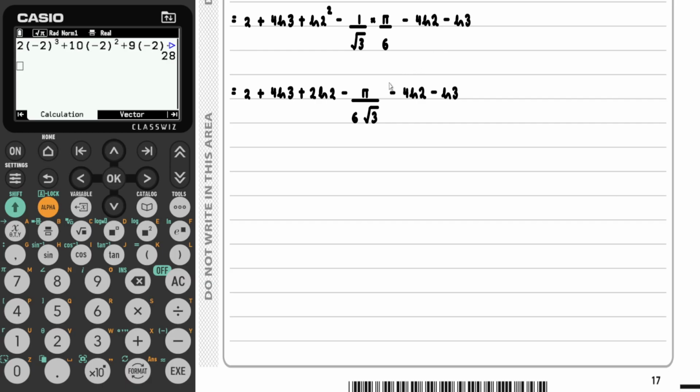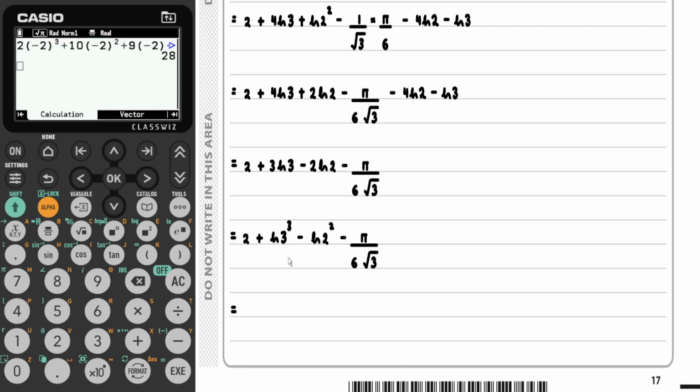So if we collect like terms, we have 2 plus 3 times the natural log of 3, subtract 2 times the natural log of 2, subtract pi over 6 root 3. And now we can use the power law of logs. So I've got 2 plus the natural log of 3 cubed, subtract the natural log of 2 squared, subtract pi over 6 root 3.